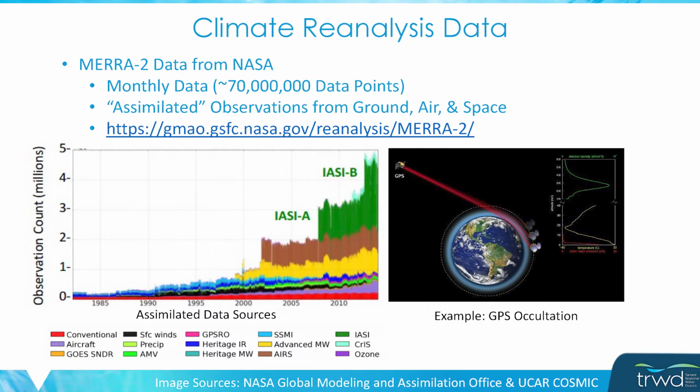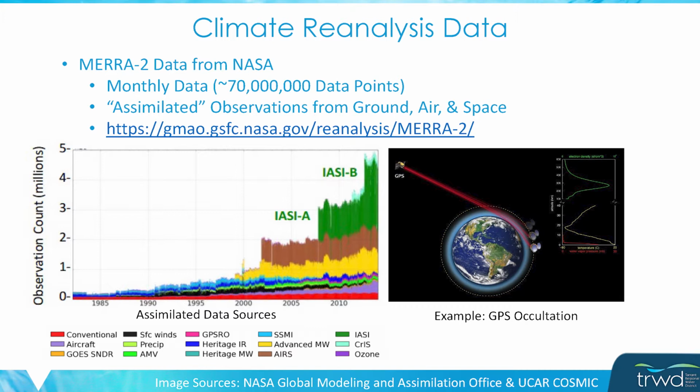So to help TRWD with these extremes, the forecasting tools really needed to grow in complexity. The latest set of tools are derived from the Modern Era Retrospective Analysis for Research and Applications version 2, or just for short, MERRA-2. This data set is a long-term record of global atmospheric analysis, and this starts around 1980.